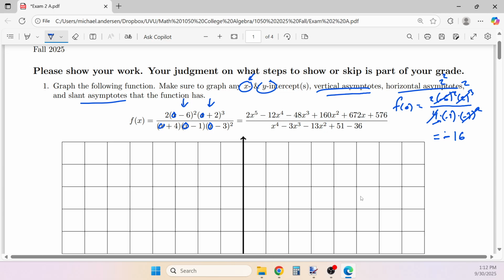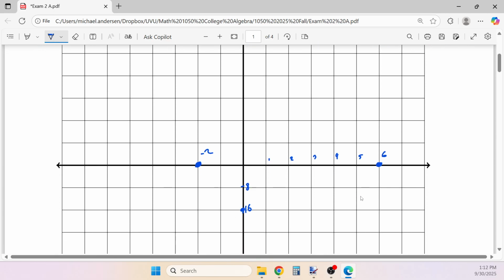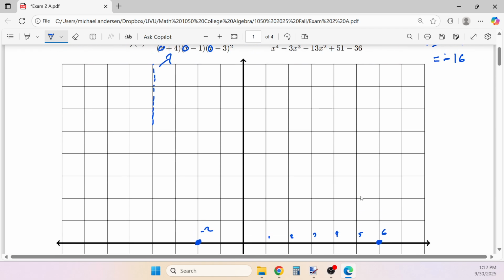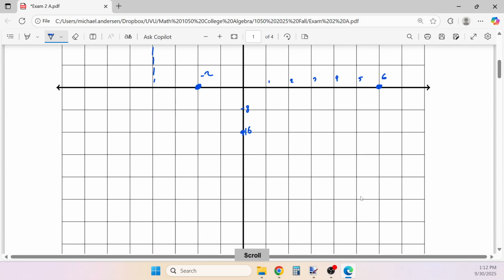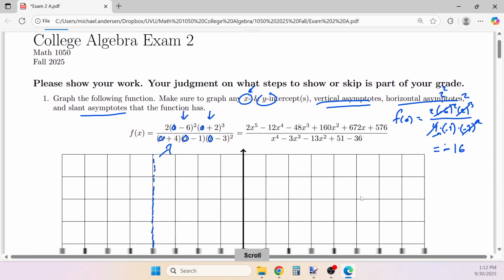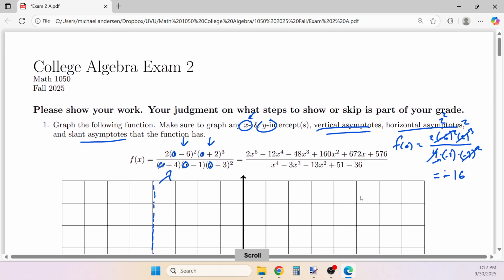The vertical asymptotes are found by the roots of the denominator. We have one at negative 4 here. Can't scroll and draw at the same time. Negative 4, positive 1, and positive 3.